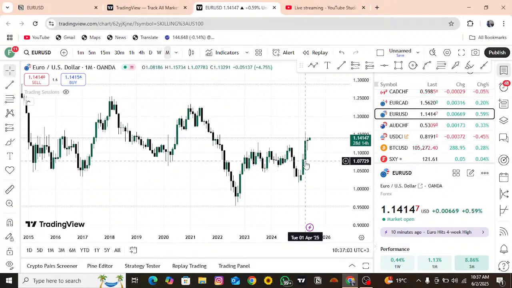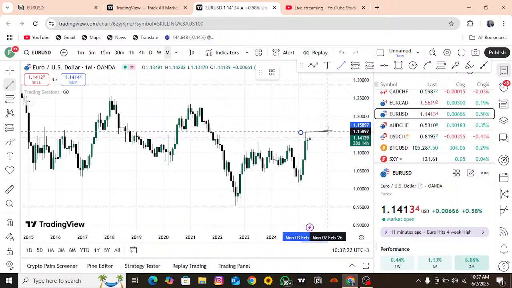I think this year for this pair we've just been very bullish, and last month's candle failed to break past this zone. So I think our monthly trading regions, I can just mark them here. These are our monthly trading zones.